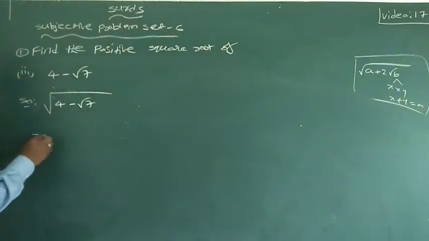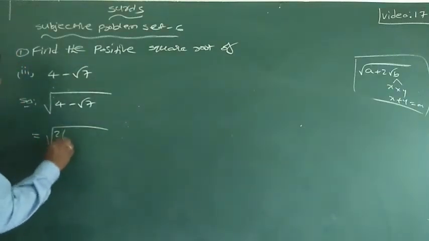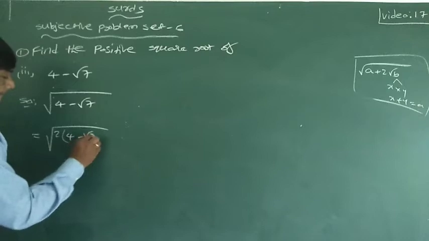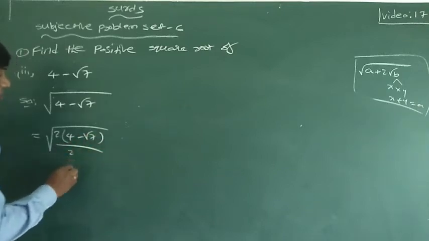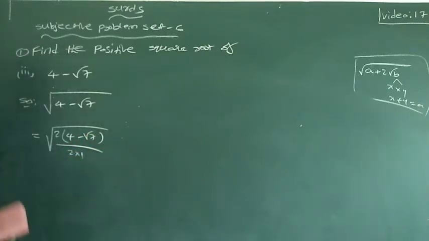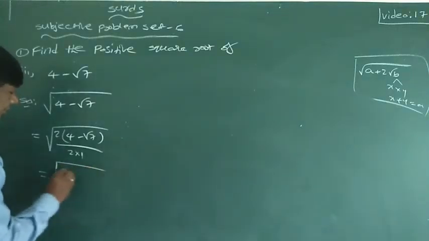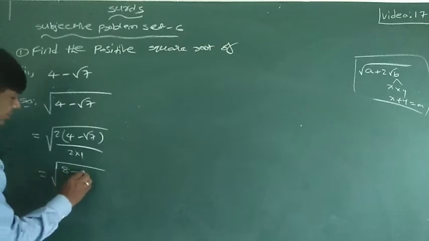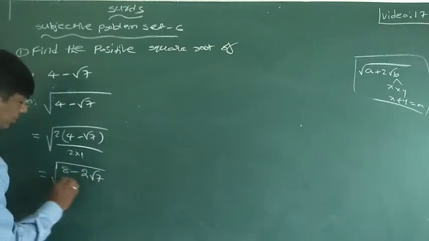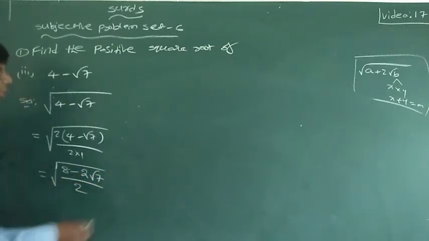So in that case I am going to multiply 2 in the numerator and 2 in the denominator. Means I multiplied by 2 by 2. So this is equal to root of 4 2 4s are 8 minus 2 into root 7, 2 root 7, by 2 1s are 2.